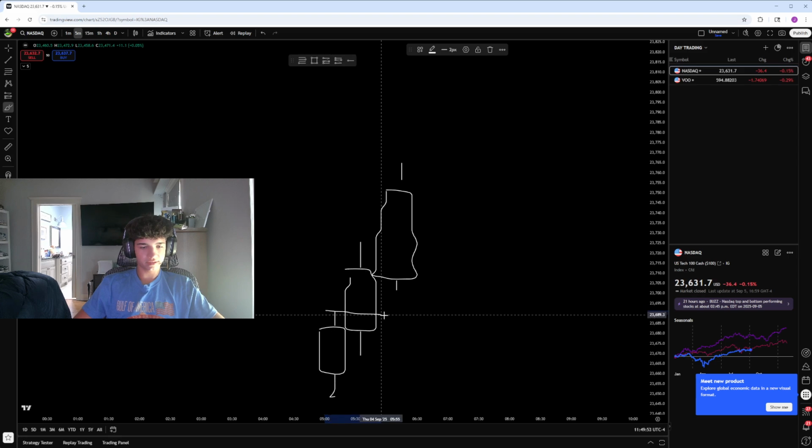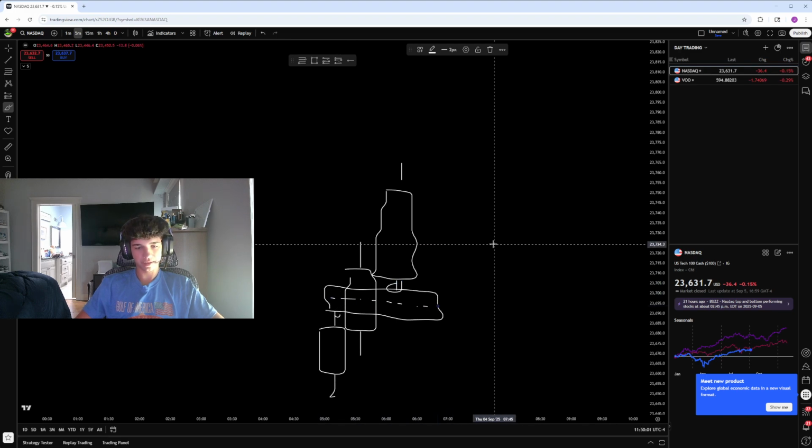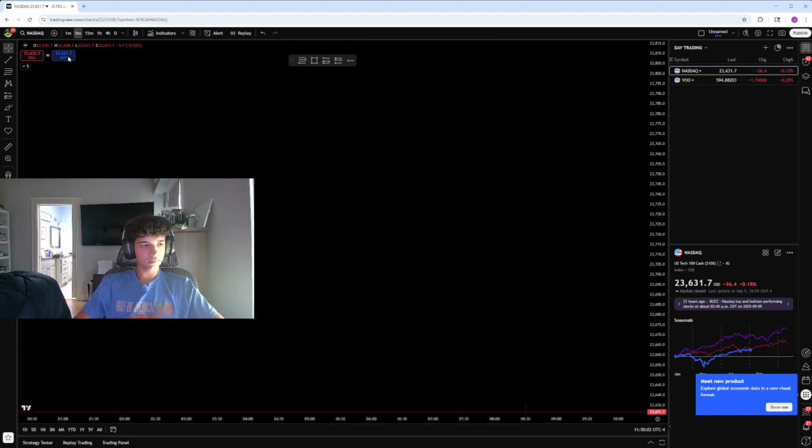As you guys can see, this space right here in between the first high and the third low is a gap. This right here would be your fair value gap. And this right here would be an example of an invalid fair value gap.